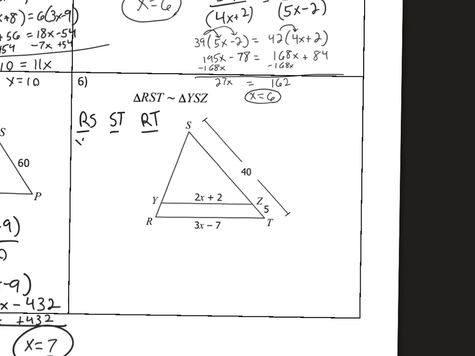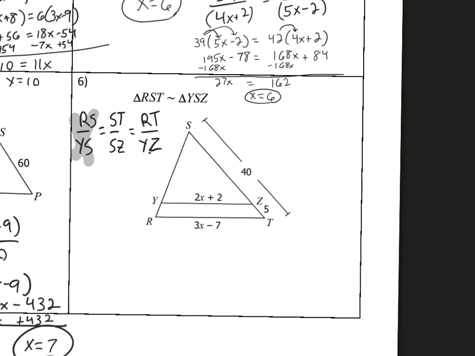And then we have YS, SZ, and YZ. And these all equal each other. And we don't know what YS is, and we don't know what RS is. And we can't figure them out. So we're just not going to deal with that part. We're going to fill out the rest of this.